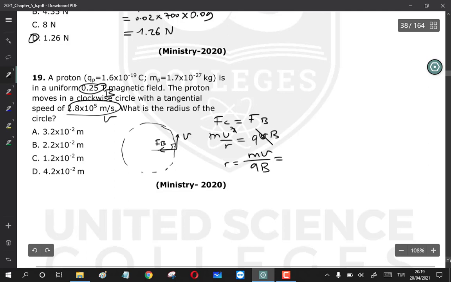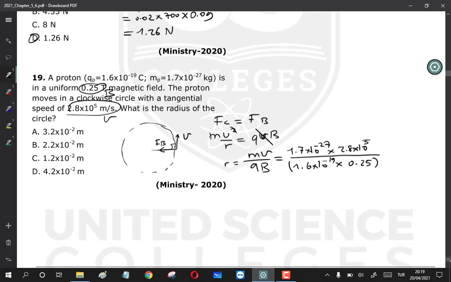M is given, 1.7 times 10 to the power of negative 27. V is given as 2.8 times 10 to the power of 5 meter per second, divided by Q, 1.6 times 10 to the power of negative 19. B is 0.25, but denominator must be in bracket.